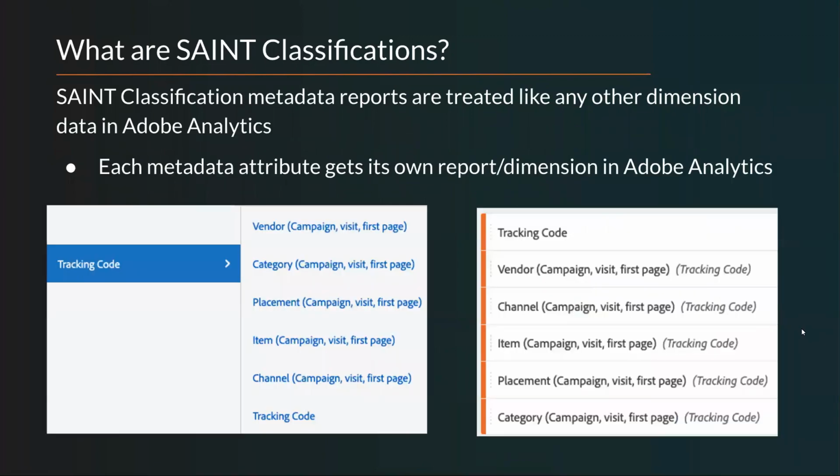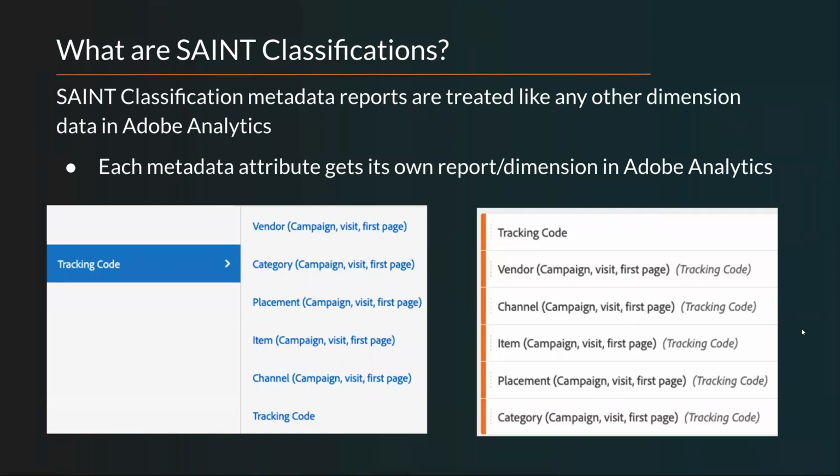Now, SAINT classification metadata reports are treated just like any other dimension in Adobe Analytics. So if you see here, I have the tracking code report in Adobe Analytics, but I've added a bunch of SAINT classifications for vendor, category, placement, item, channel.